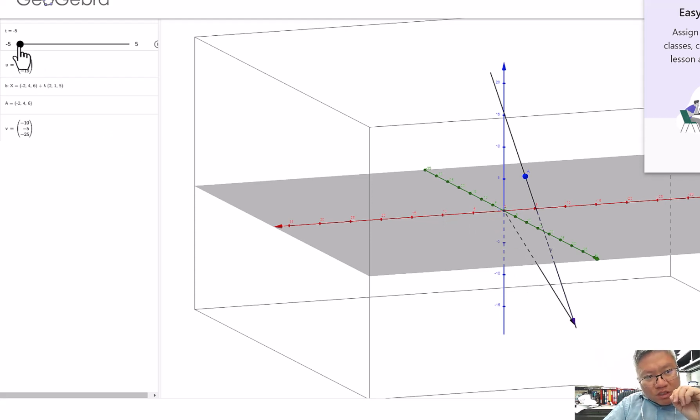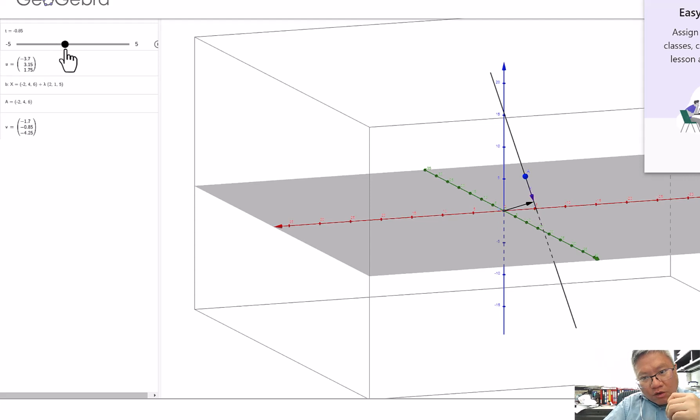I constructed a slider, so when you keep sliding this, you can see that the vector valued function gives you the output as a vector. The vector is a position vector pointing to that point. While changing your t value, you can see that they give you the position vector of that point that is on the line.